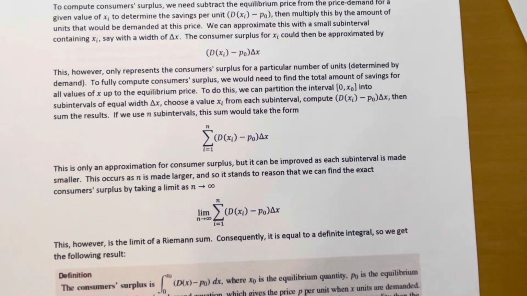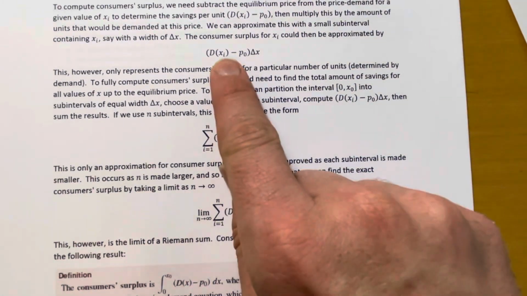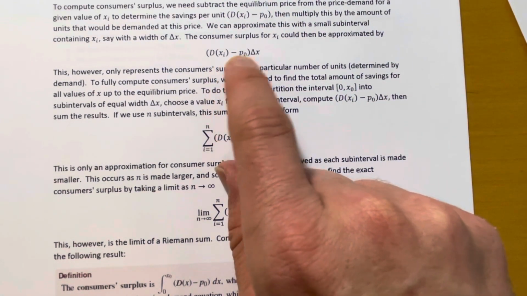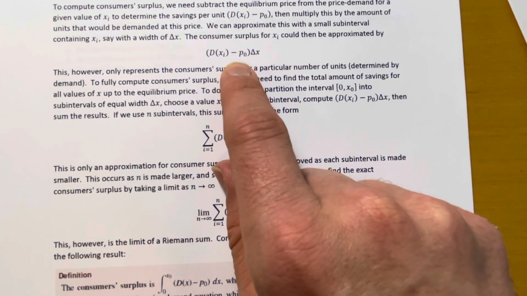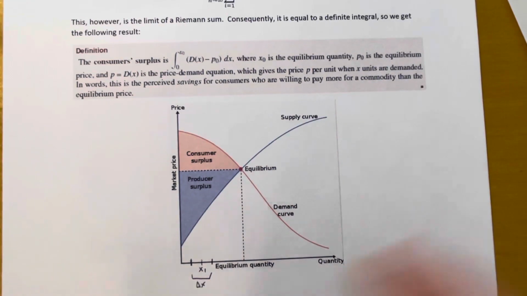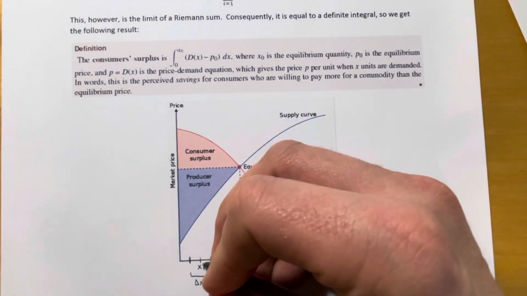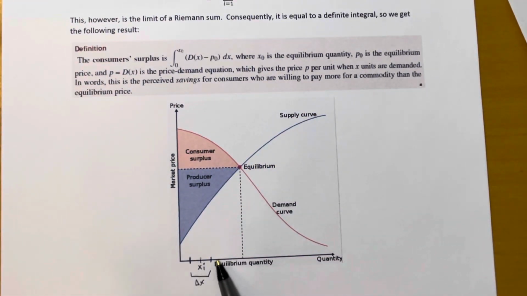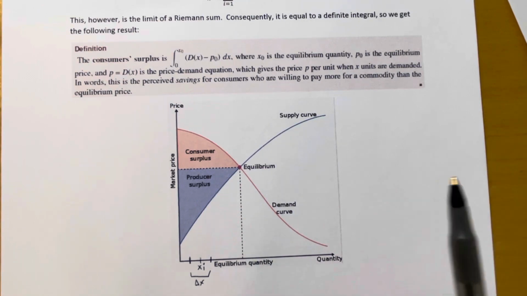If the width of that subinterval is delta x, then we would do the savings per unit times the number of units to determine the total savings. Now that is just for a little subinterval surrounding that point xi, that should be an i. But there are various different quantities that we have to consider from 0 all the way up to this equilibrium quantity right here.